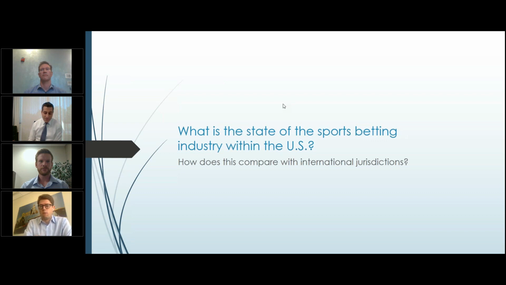The way that differs from many international markets, including the UK, is that in the US, at least in Nevada, the sports betting licenses are tied to land-based casinos. In the UK, you've got standalone betting shops, and there's close to 10,000 of those in the country, where you can walk in and place a bet.